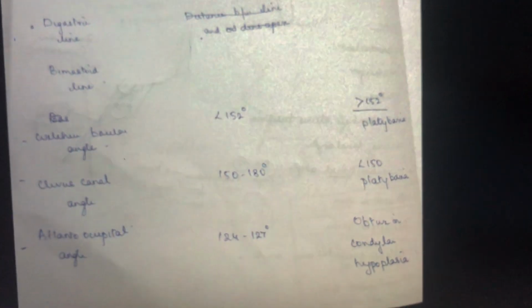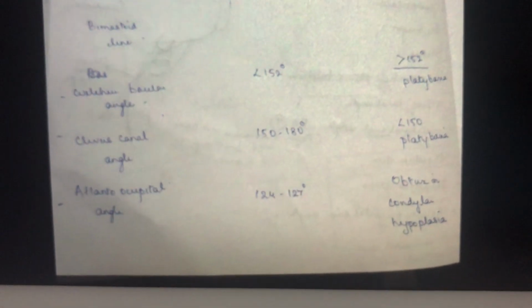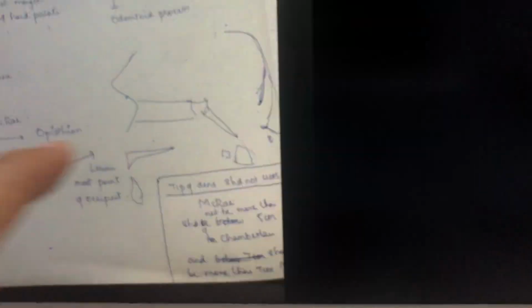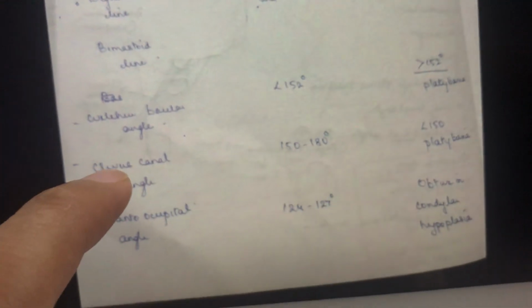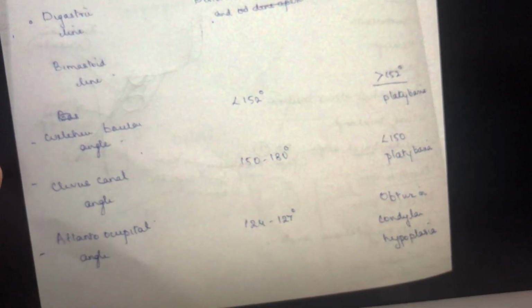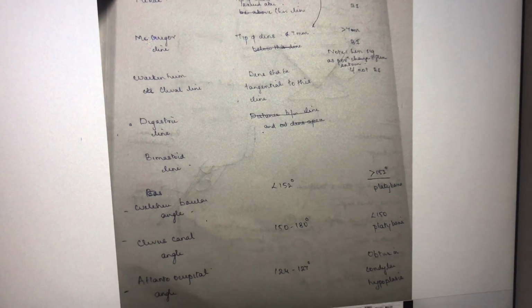The clivus canal angle, the norm is 150 to 180 degrees, and it will be decreased in platybasia, less than 150 degrees. And the atlanto-occipital angle: the norm is 124 to 127, and if there is condylar hypoplasia, it will be obtuse. So these are the major implications. Hope it was useful. Thank you.